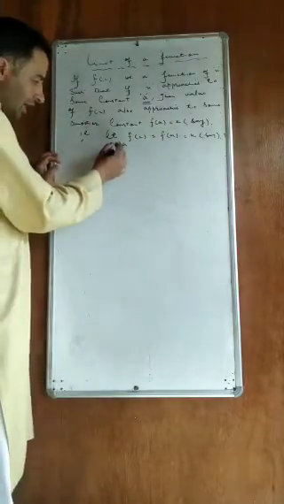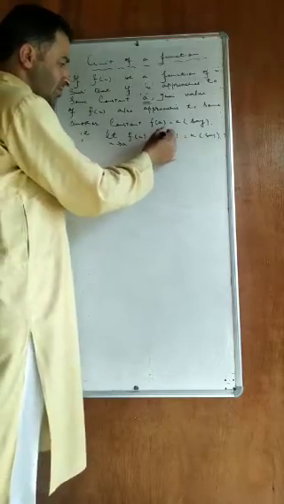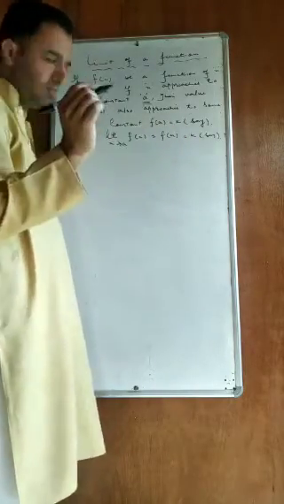So we can write limit x tends to a, f of x is equal to f of a is equal to k, where k is some constant.